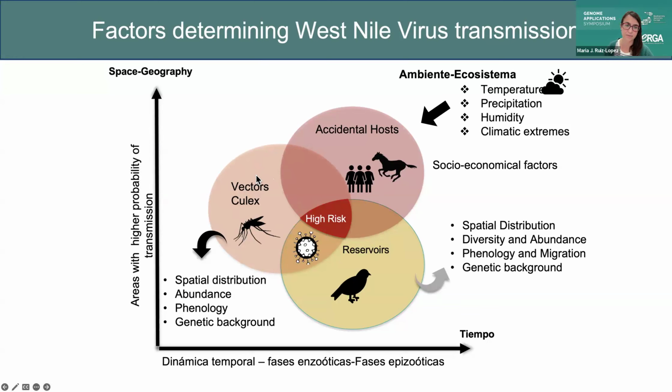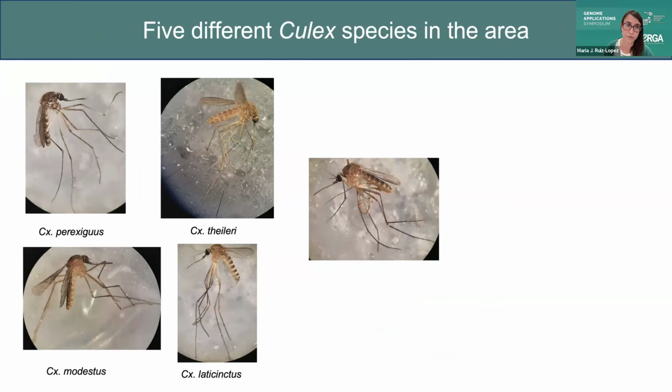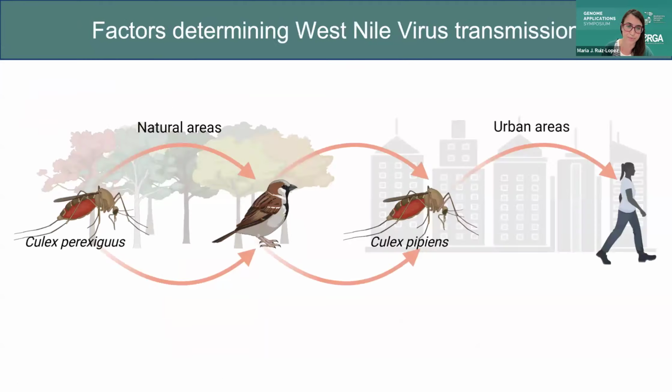West Nile virus can be transmitted by many vectors that belong to the genus Culex. In our area, a hotspot for West Nile virus with 2 outbreaks, one in 2020 and an ongoing outbreak in 2024, we have 5 different Culex species, but we don't know exactly what makes them good vectors of West Nile virus and how they are adapted to the environment and to the virus.